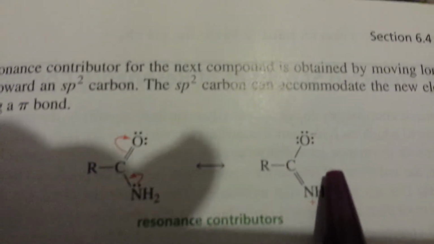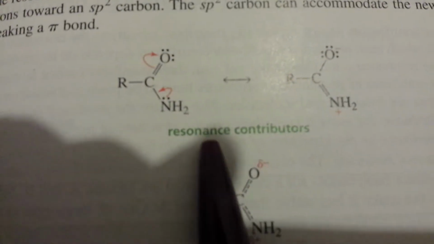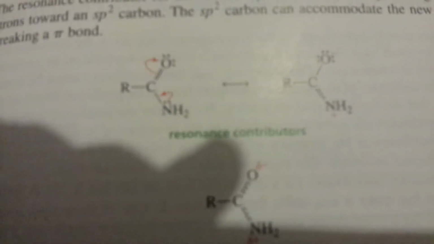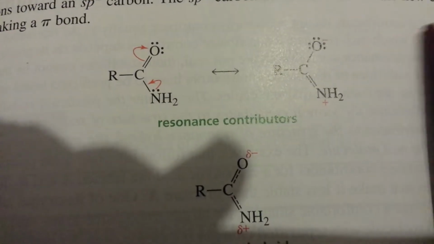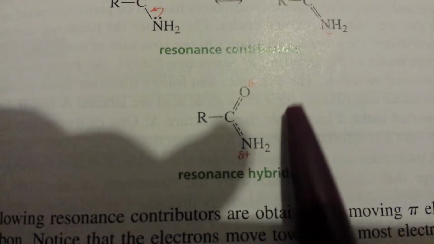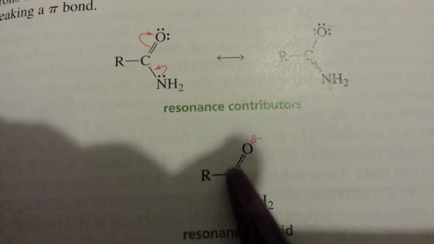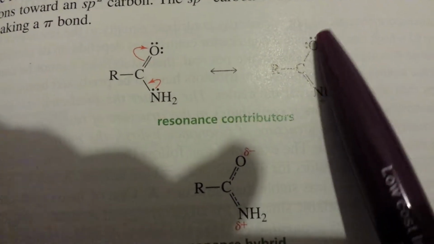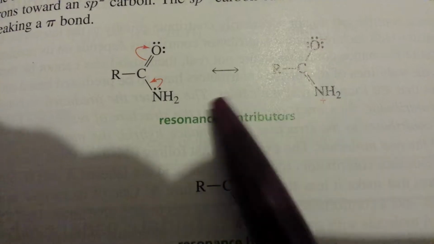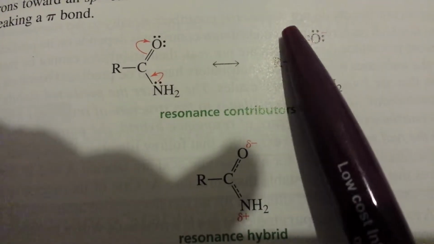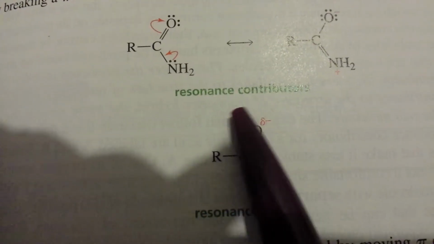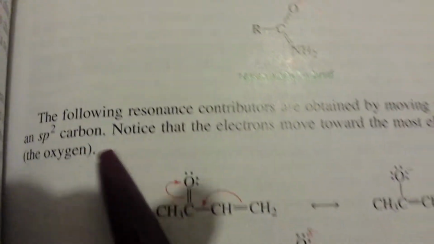This is a negative charge. Okay, this is a resonance contributor. So in the hybrid you see a dotted double bond and a negative charge here. This was plus. So the resonance contributor is like this here, with 6 electrons, but these pi electrons go here. So this is the resonance hybrid.